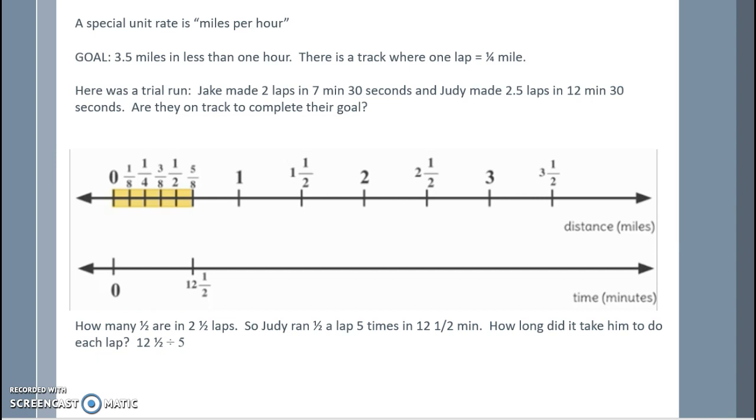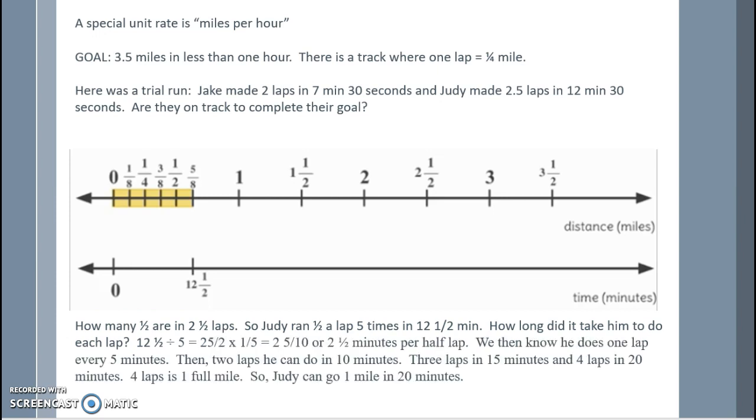How long did it take her to do each lap? Well, 12.5 minutes divided by 5 is equal to 25 halves times 1/5, which is 2 5/10, or 2.5 minutes per half lap.